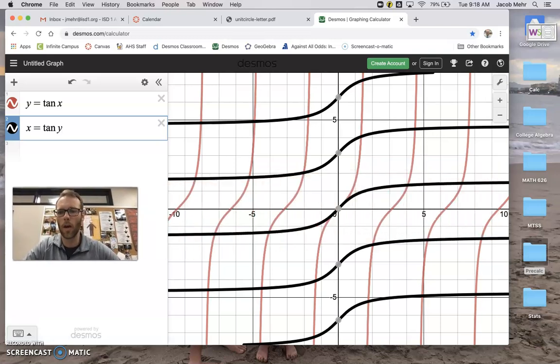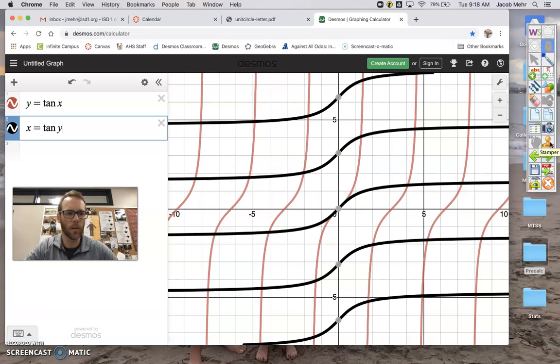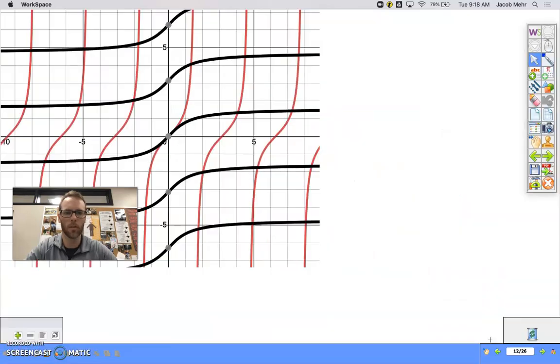If we want this to be a function, if we just take only this curve and get rid of the rest, we would have it. So how are we restricting this down? What's the y value here at the bottom and the y value there at the top? Let's see if I can take a picture of this and draw onto it.